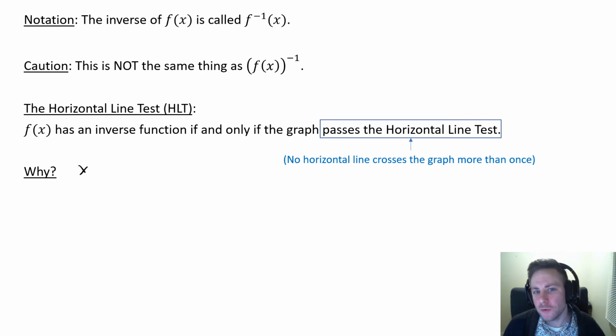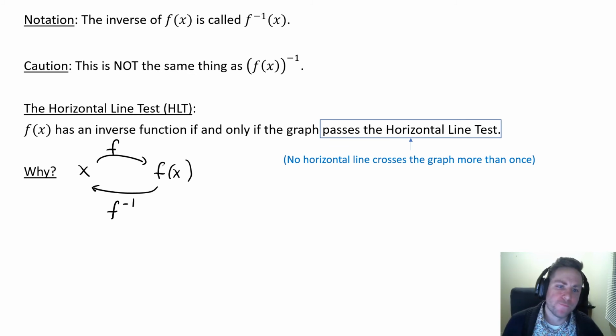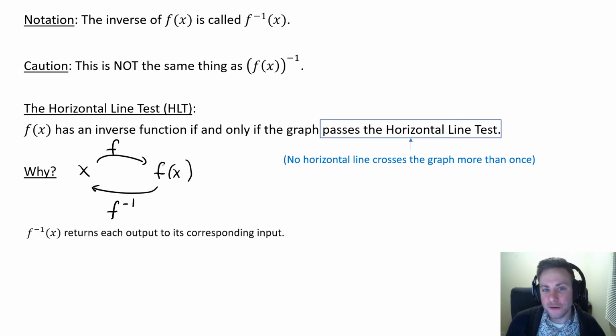The key is to remember what inverse functions do in the first place. If we think of x as the input and f of x as the output of our function, then by definition, f inverse sends that output back to the input that it came from. In other words, f inverse of x returns each output back to its corresponding input. But let's imagine a situation where f of x actually fails the horizontal line test.